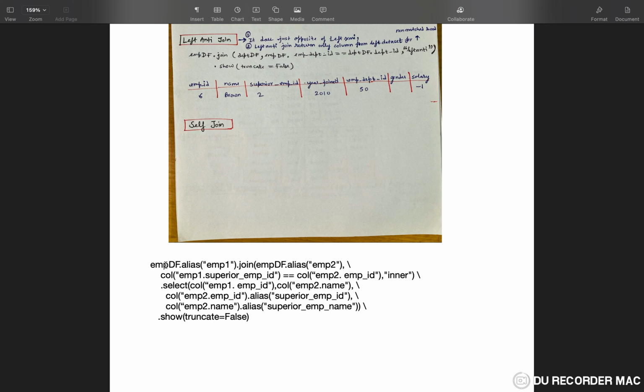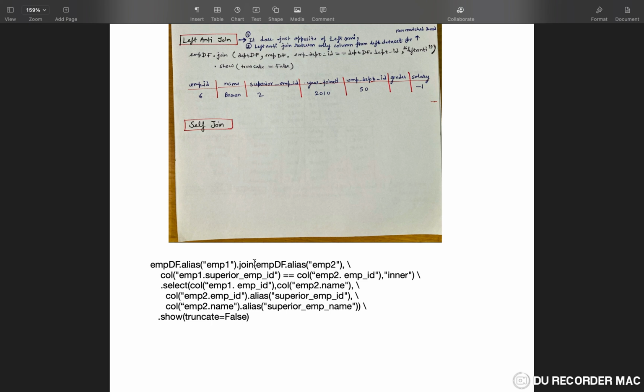What happens in the self join, we use the same data frame by renaming it again and joining on some conditions, right? So let us see first. Here we are using an alias for the employee data frame as employee 1 and joining with the employee data frame again. So these employee 1 and employee 2 are the same data frame, right?